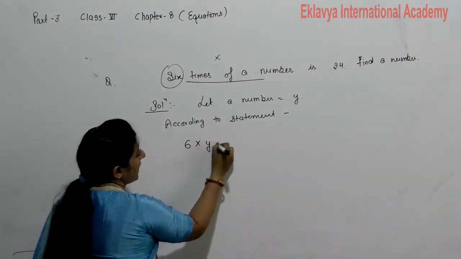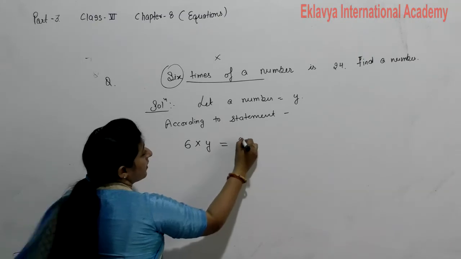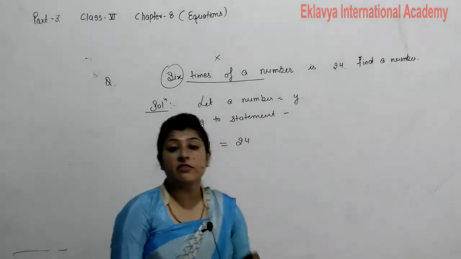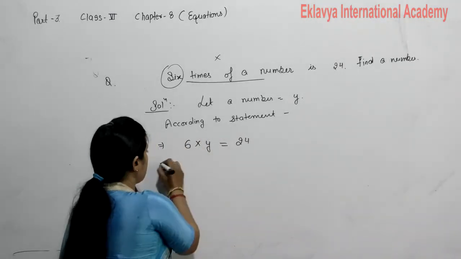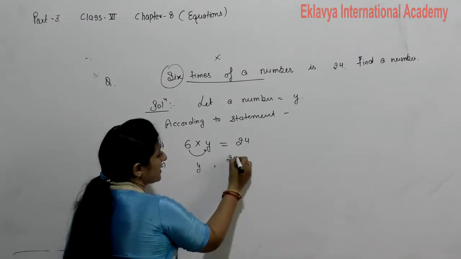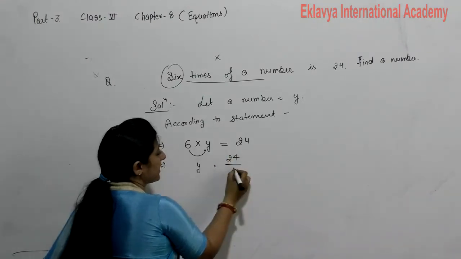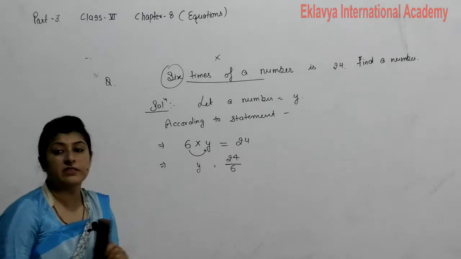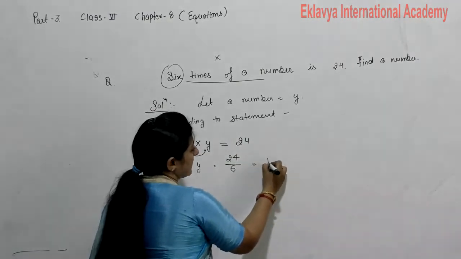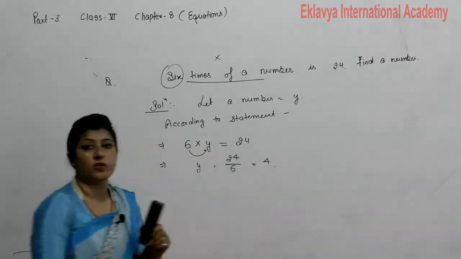The number is y, is equal to 24. It means we want to find the value of y. Then see, this is in multiplication. When you change the side, this 6 comes into division. Then y is equal to 24 by 6, that is equal to 4.